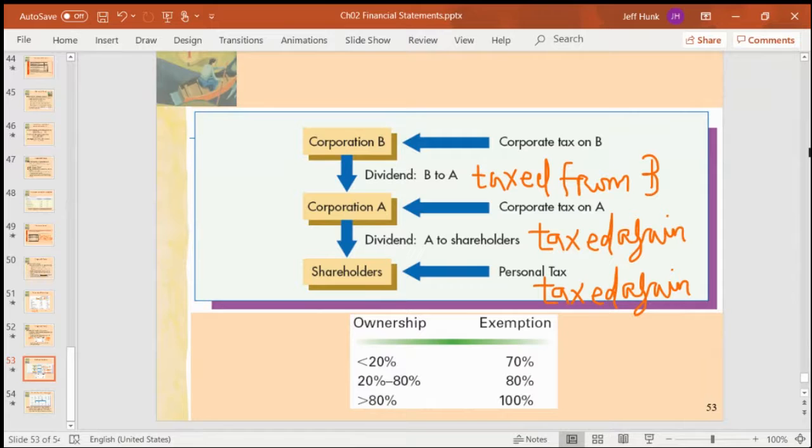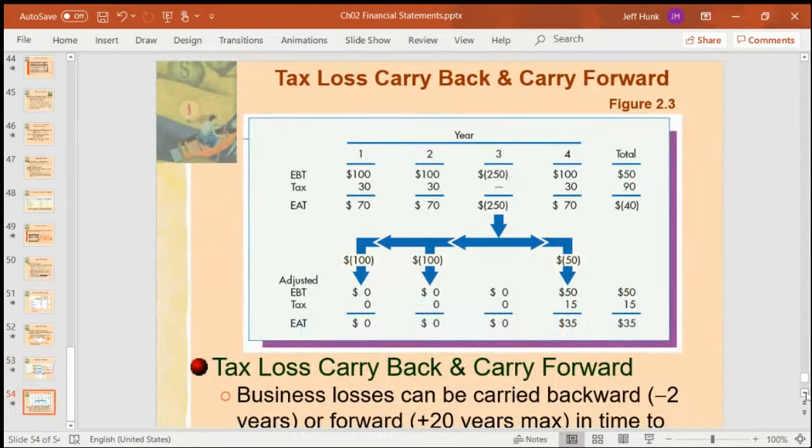But again, theoretically it is so, but the fact still remains that Warren Buffett pays at a lower rate than his secretary.